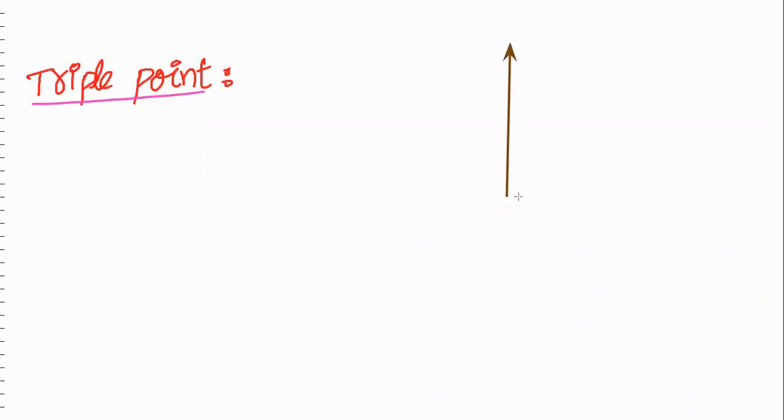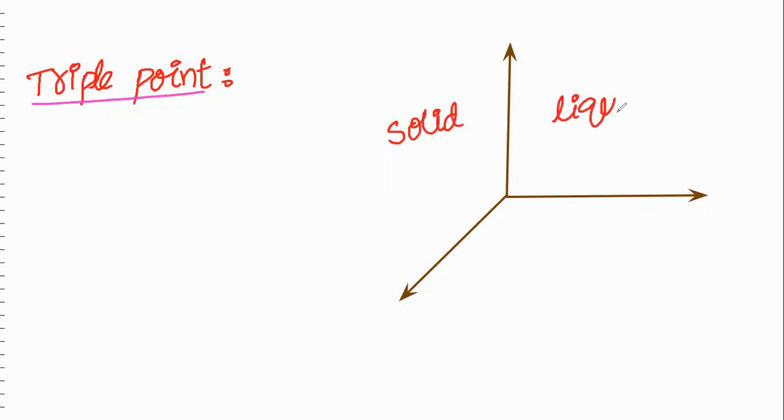The triple point is the common point for the coexistence of matter. What does the triple point mean? Solid, liquid, and gas.